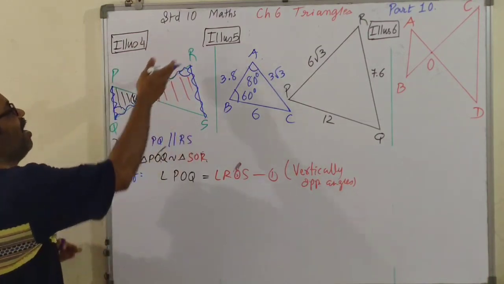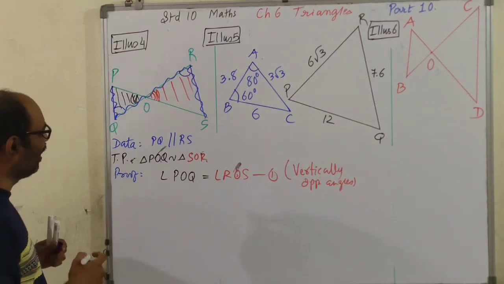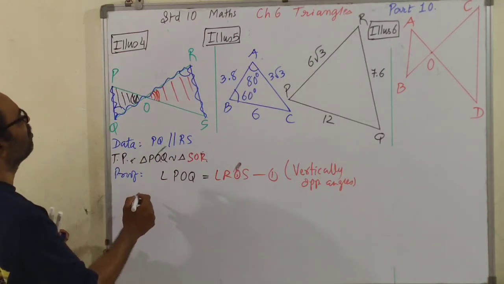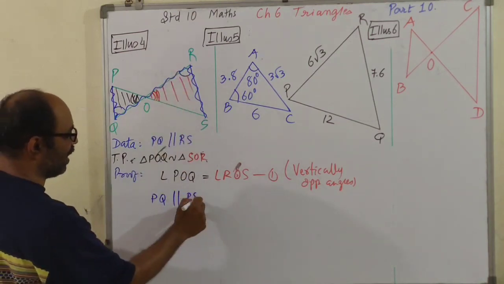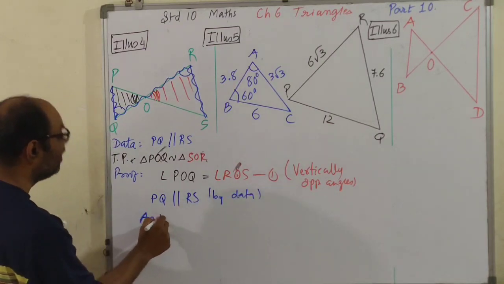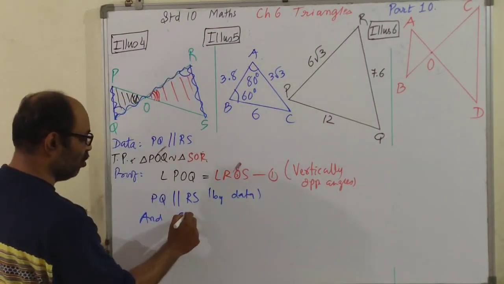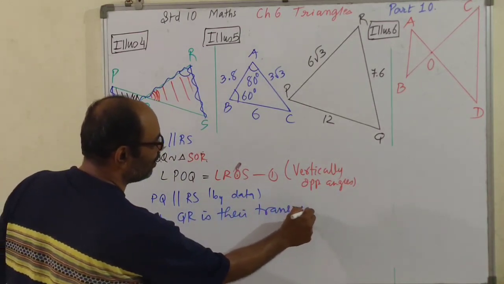Since lines are parallel and their transversal is given, the angles are equal. So you got that. Let us write. PQ is parallel to RS by data. And QR is their transversal.